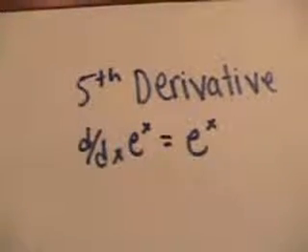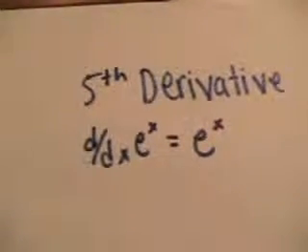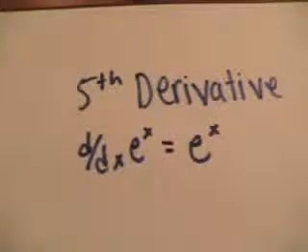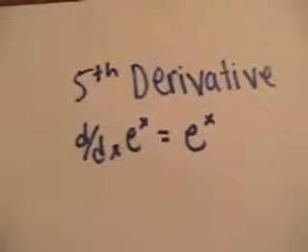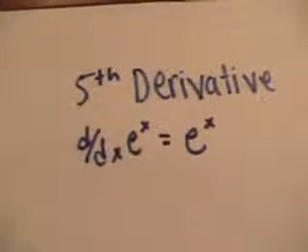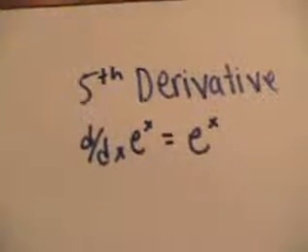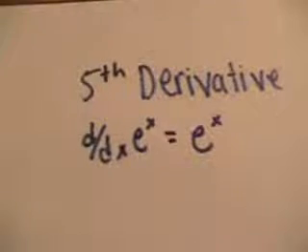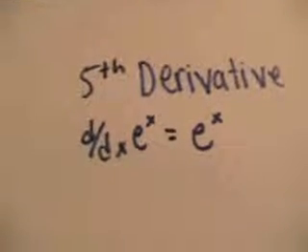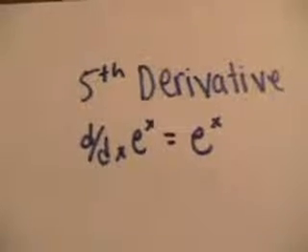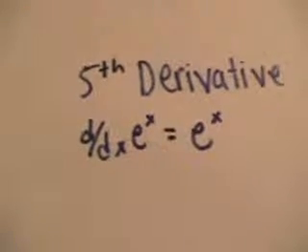The fifth derivative is a pretty easy one. d over dx of e to the x is e to the x. It's just that simple. It won't always be this simple, but you'll learn that in your calc class.